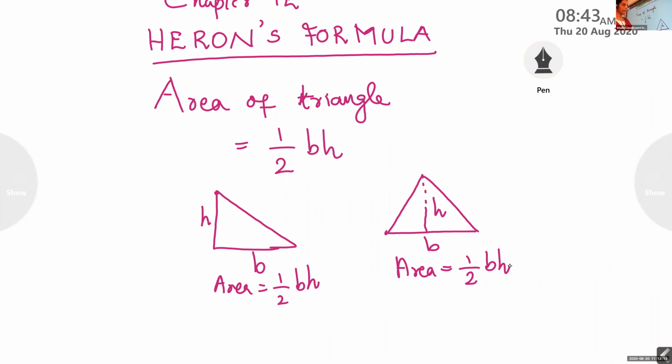Isn't it, children? Either it should be a right angle triangle. Are you listening? Right angle triangle. You can write it, okay, right angle triangle, or it should be an isosceles triangle.